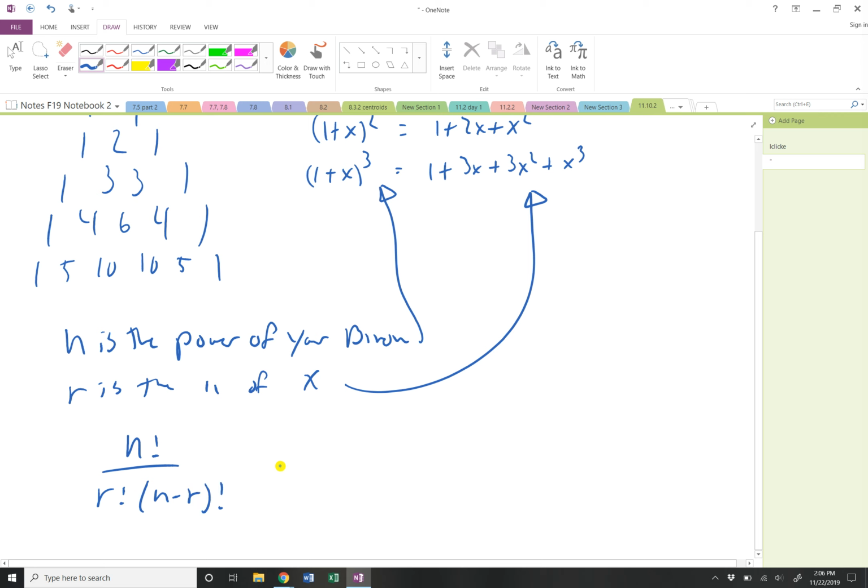And if r equals 0, then the power of x equals 1, and this formula is equal to 1. Then it works out really well. If r equals 0, you can see you get, like, 5 factorial over 0 factorial times 5 factorial. You just get 1.